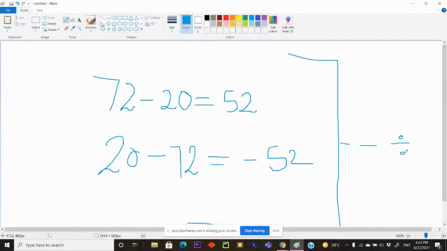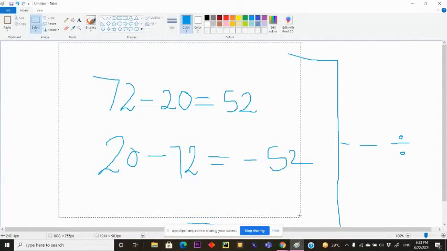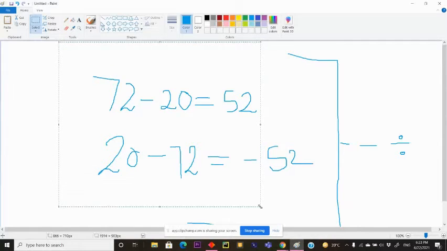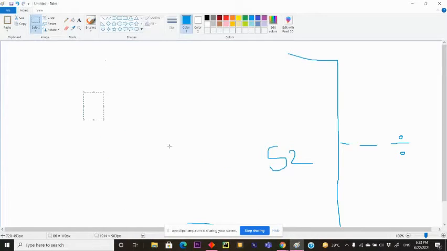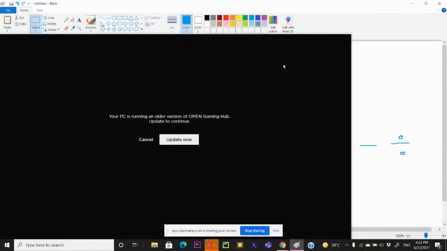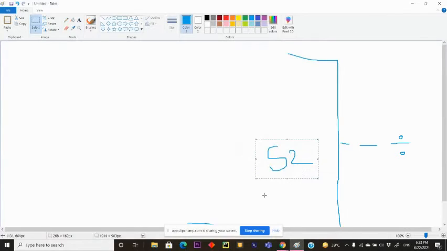And division. How do you know it doesn't apply to division? First is a very simple definition. First tell me what is simply division? Division is simply repeated subtraction.